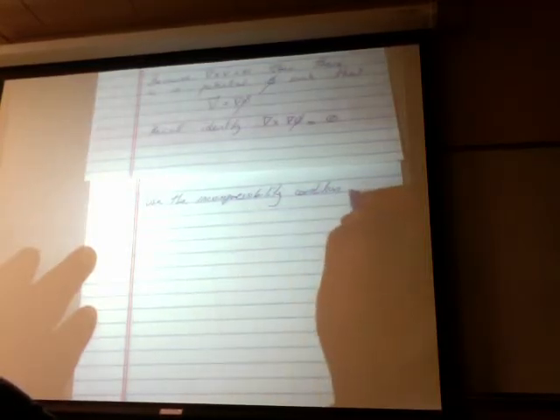So if that's the case, now use the incompressibility condition that says that the divergence of v is equal to 0. And then what would happen? Therefore, the divergence of the gradient of phi is equal to 0.